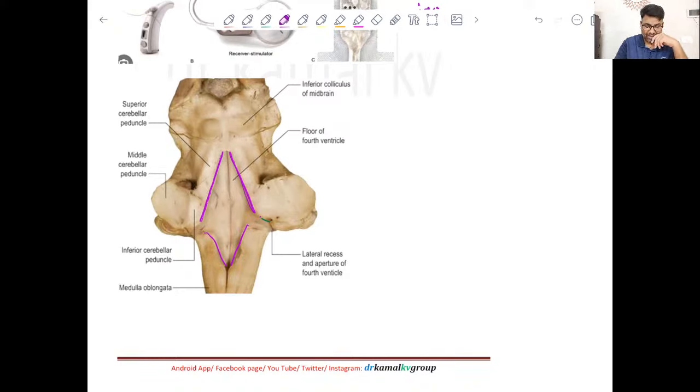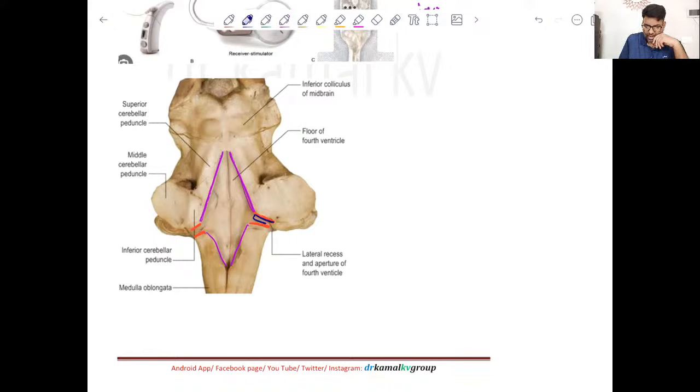Those are actually the lateral recesses, and we use these lateral recesses for the implantation of the electrode.